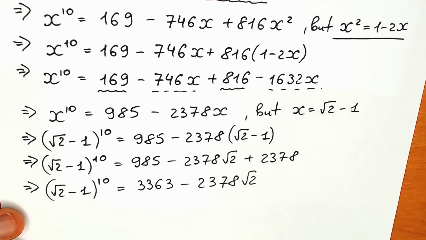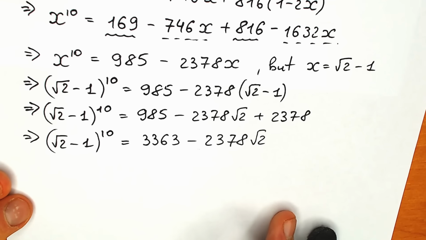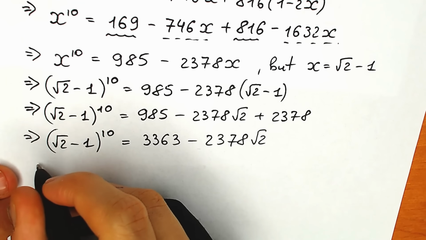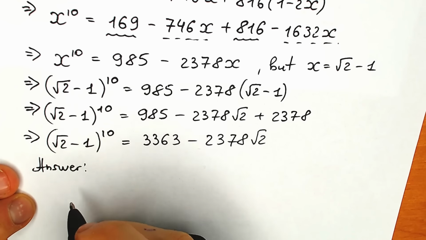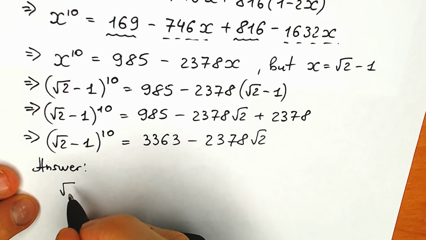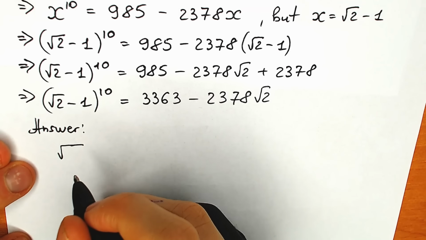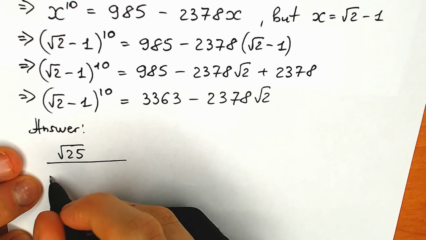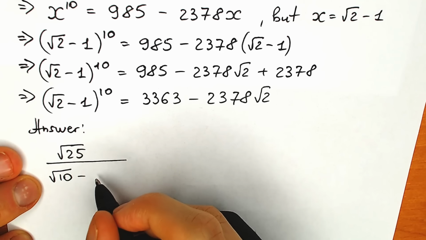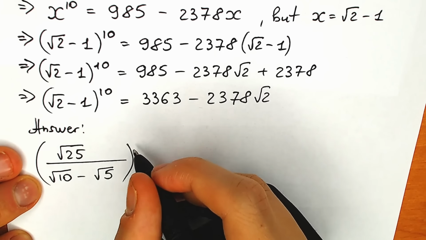And right now, let's go back to the beginning right here. I'm going to write once more this question from the beginning. As our answer to this question, because in the beginning our question looks like that: square root of 25 over square root of 10 minus square root of 5, raised to the power 10.